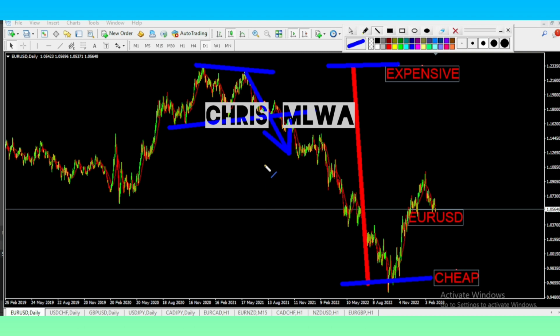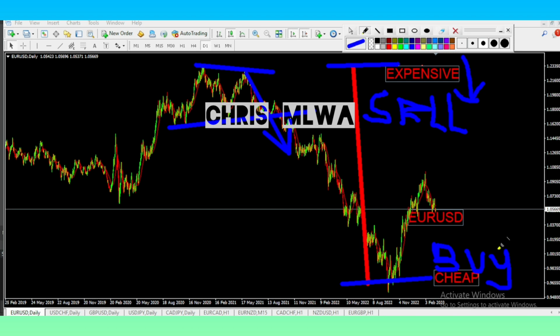In this case, at this point, we are only looking at sell. Then here we are looking at buy. Sell, buy. So this one we will be targeting the drop. This one we are targeting the upward movement. As simple as that.